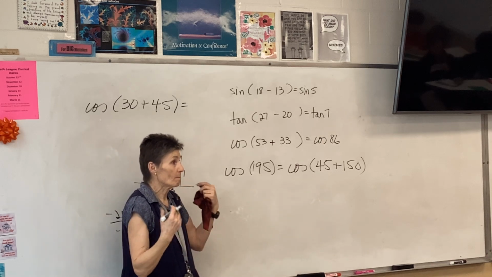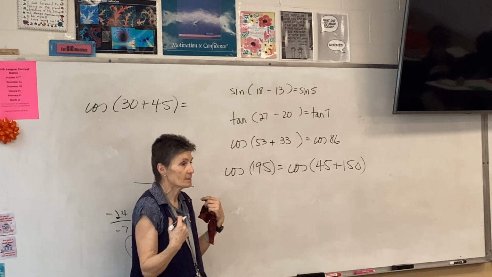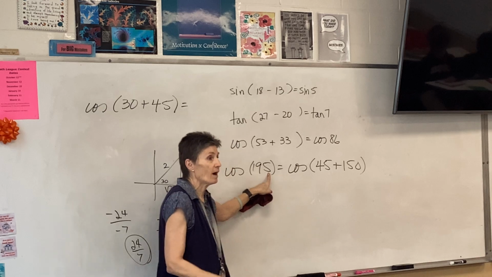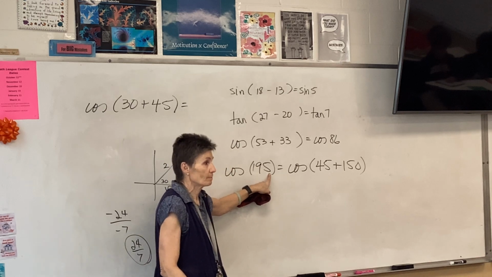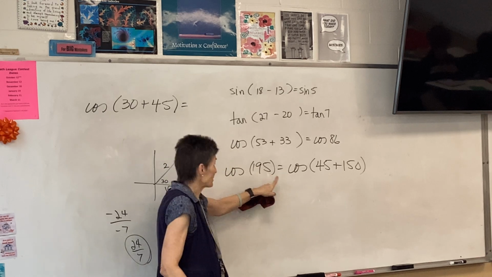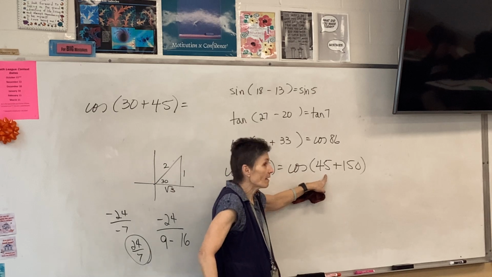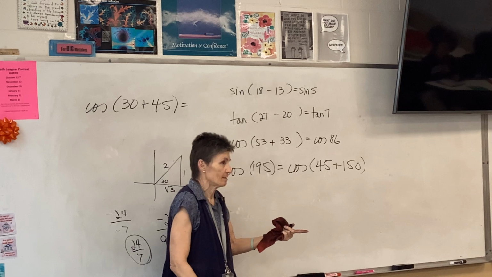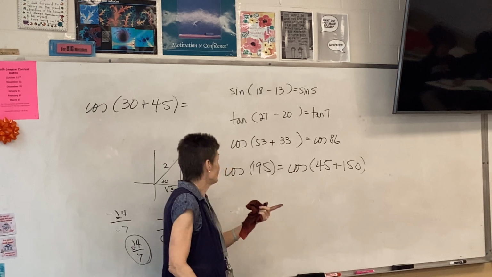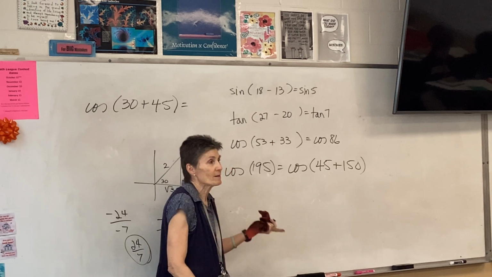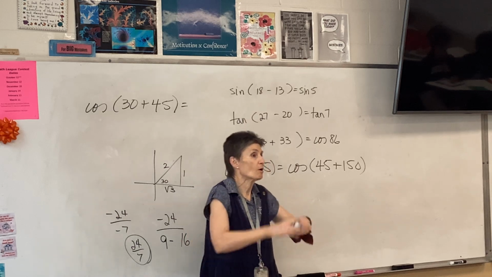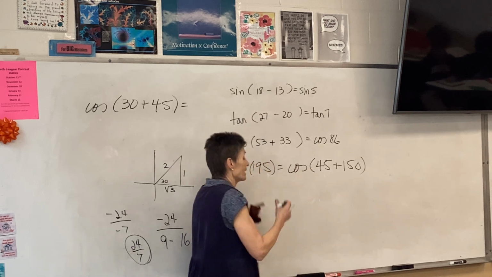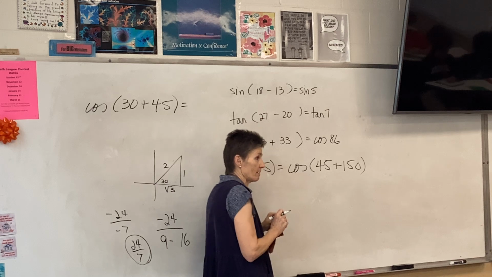I told you that my own personal strategy is, if the angle ends in 5, I use 45. And that's what he did. But you don't have to do that. You could do 135 and 60. You could do, I don't know, 225 minus 30. There are lots of options. I like to just jump in 45 and go in there.